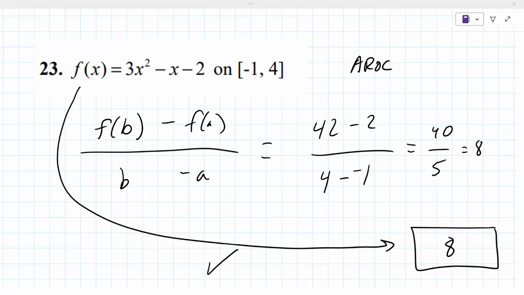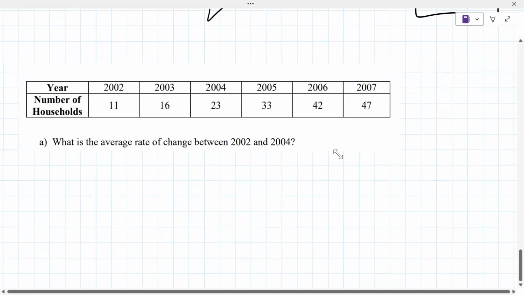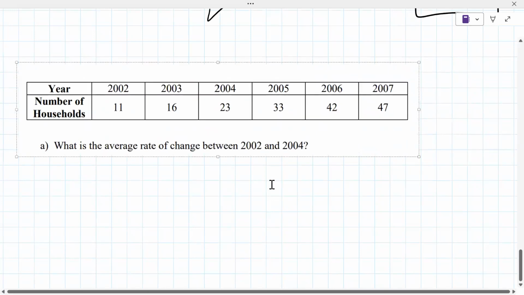So, you can also do rate of change from a table. It doesn't just have to be a graph. Or, I'm sorry, a function. We will do graphs in a moment. So here's a sample problem that you might see. It says, what is the average rate of change between 2002 and 2004?